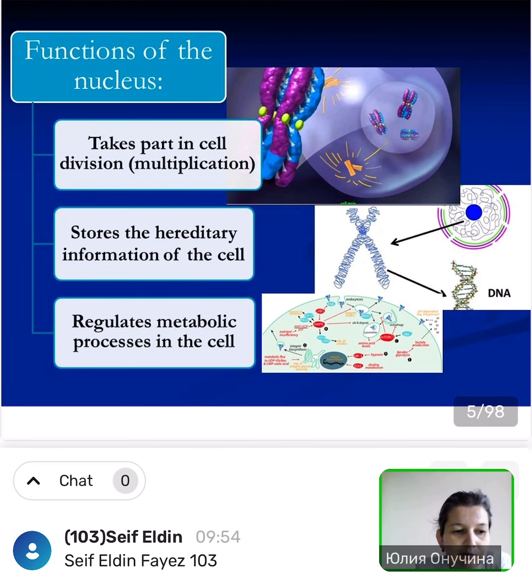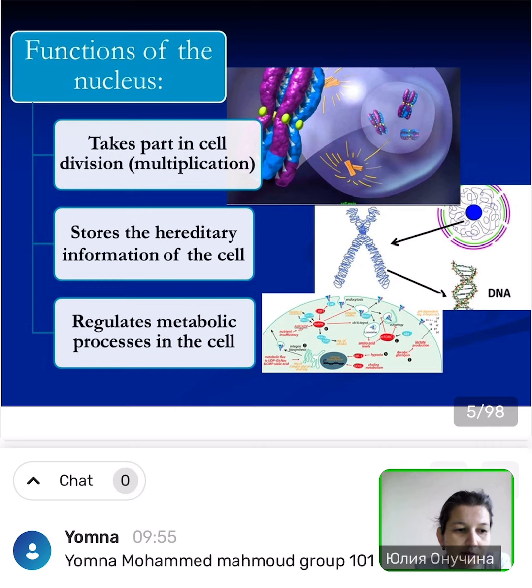Functions of the nucleus. They take part in cell division, store the hereditary information of the cell, and regulate the metabolic processes of the cell.